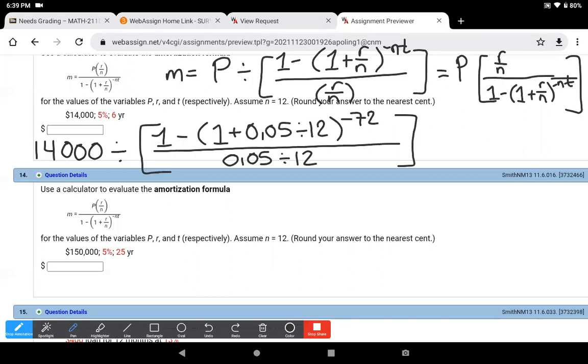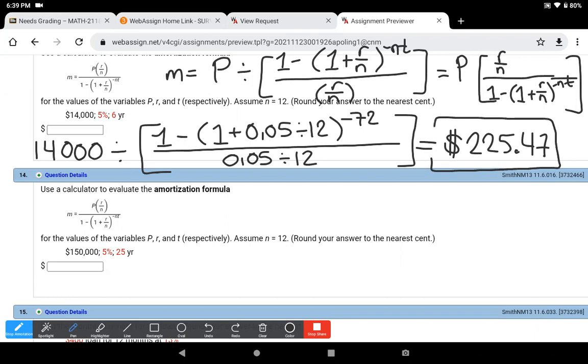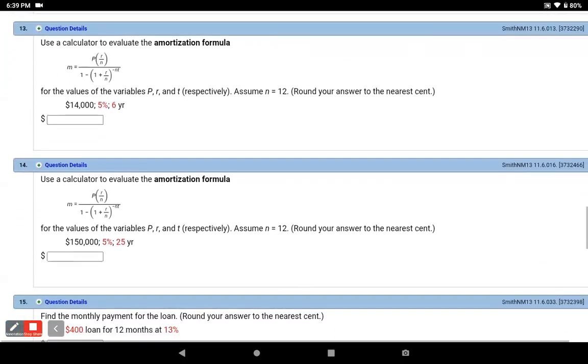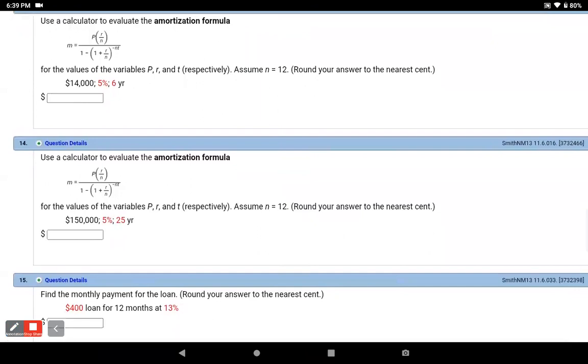That means, well, I have an answer, but I forgot the question. Round to the nearest cent, right? We're looking for M, so we're probably looking for some monthly amount. I just don't remember if it had like a word problem attached. No, just use a calculator to evaluate.